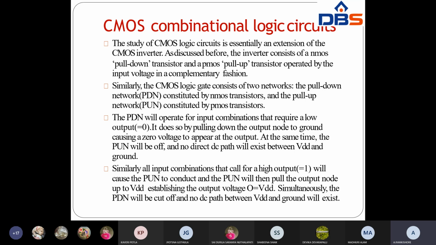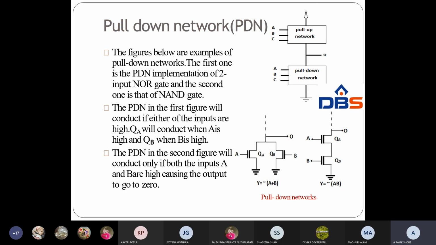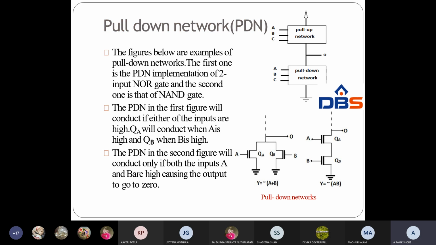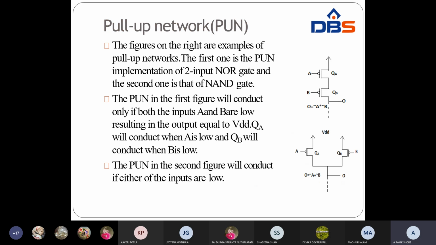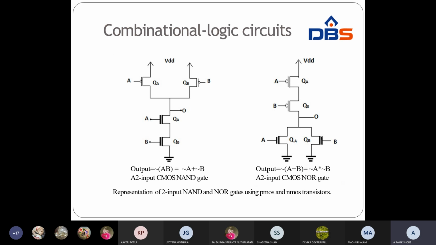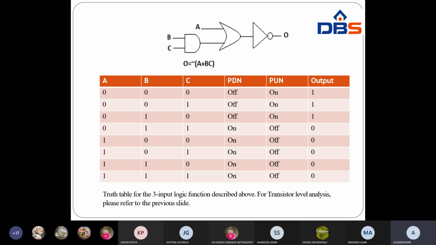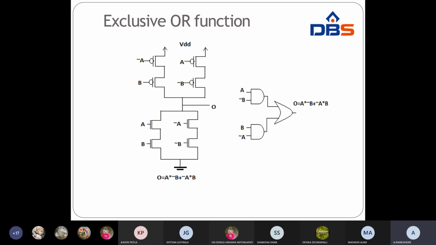That is about the CMOS configuration. The remaining concepts, what is meant by the pull-down and pull-up network, and what combinational logic circuits are and in what way we design those circuits, we will see in detail in the next class, implemented for different logic functionalities.